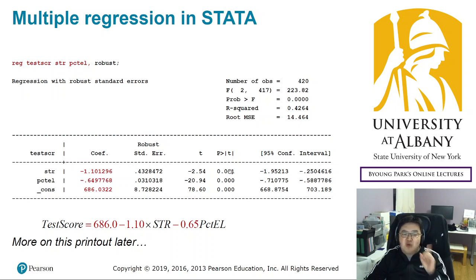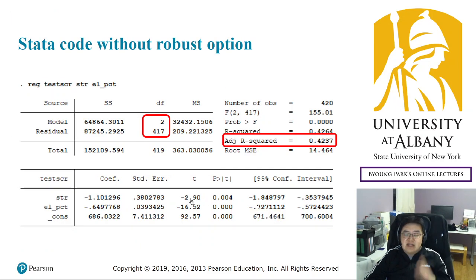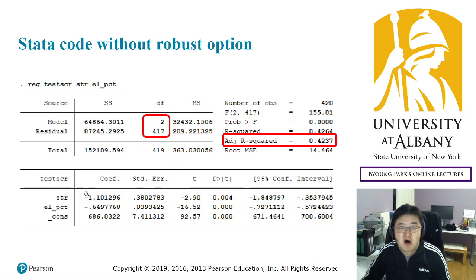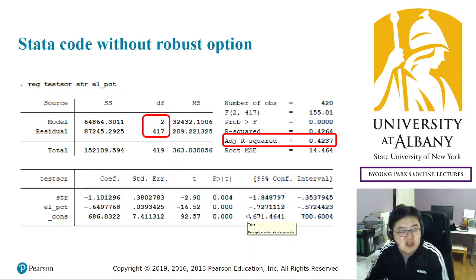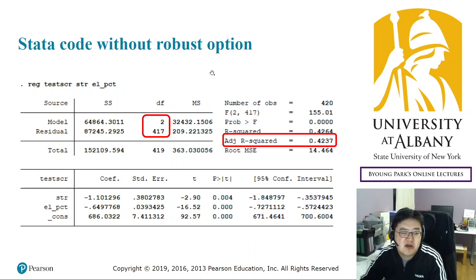The p-value is 1.1%. So this is not significant at 1%, but it looks significant. So this is wrong. You can make a wrong conclusion when you do not use robust standard errors. Even though it is not that significant, you may conclude it is significant, so your interpretation could be misleading. Anyhow, that's about robust standard error.